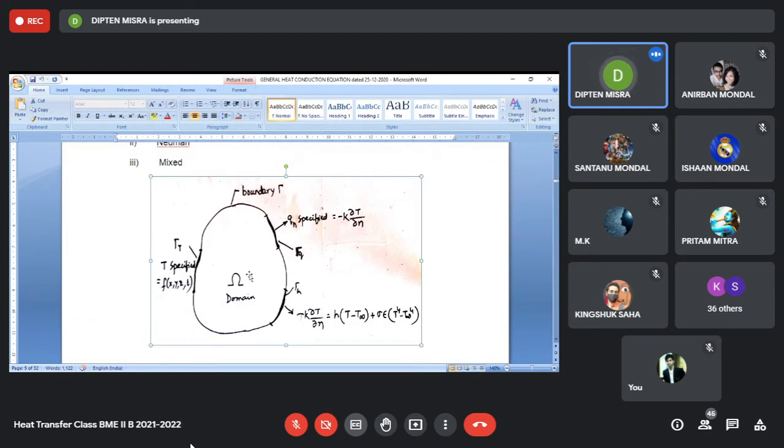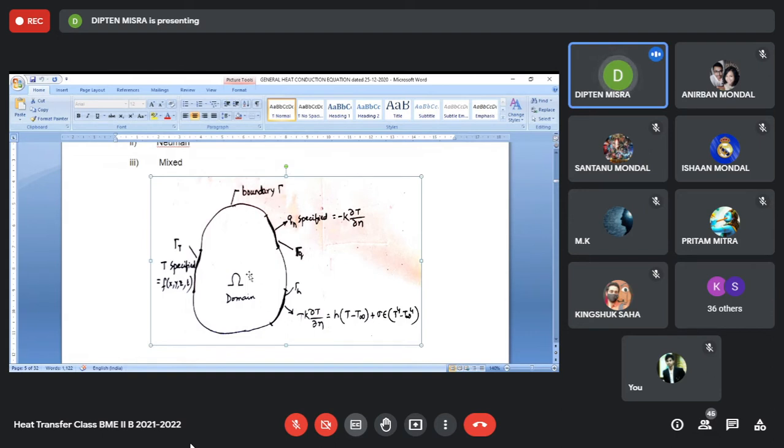Temperature does not change significantly with XYZ, but it changes only with time. So we can simplify the problem as if temperature is only a function of time. Those classes of problems will be called lumped parameter problems, where the temperature of the body as a whole can be treated as one single lump, a lump of isothermally heated body whose temperature is changing with time.